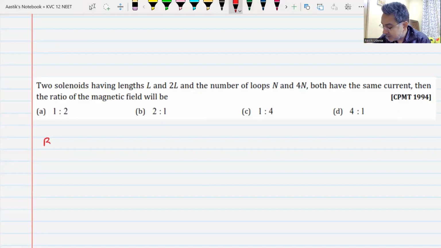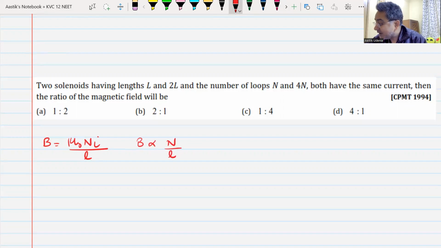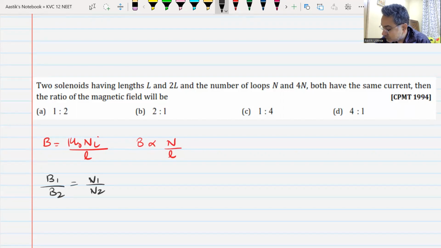We must remember that magnetic field due to an infinite solenoid is mu naught N I by L. I can see that magnetic field is directly proportional to the ratio of N and L. So B1 by B2 will be equal to N1 by N2 into L2 by L1.